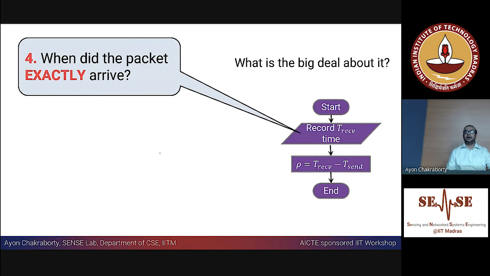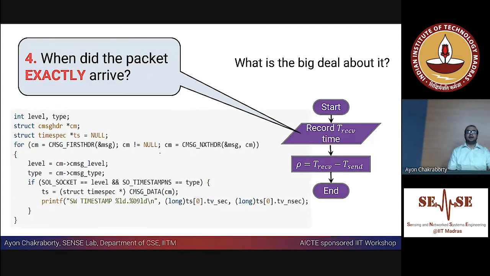We are not looking at kilometer level accuracy, we are looking at meters or sub-meters or feet. A network driver can already give some timestamps. If you look at the packet headers, there are options in the kernel in which you can get such values, but that is often far from accurate.